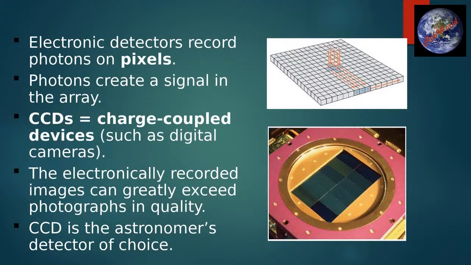In general, and this applies to both astronomical cameras and digital cameras, you can think of the chip as an array of rain buckets, or photon buckets. And so the photons come down, hit the pixels basically in the same pattern as the field of view that the telescope is looking at.